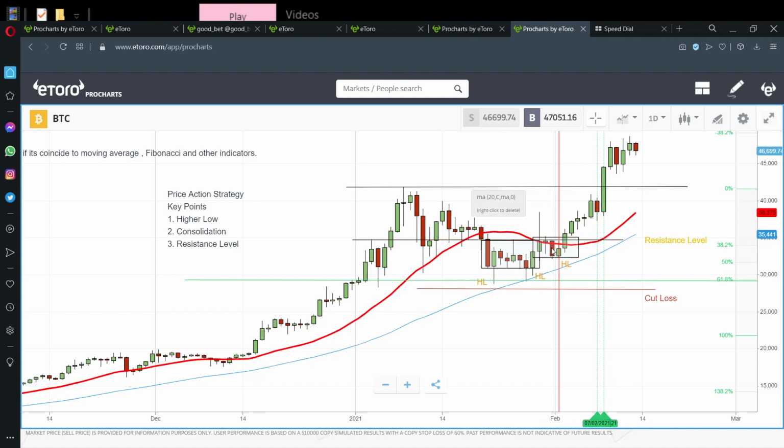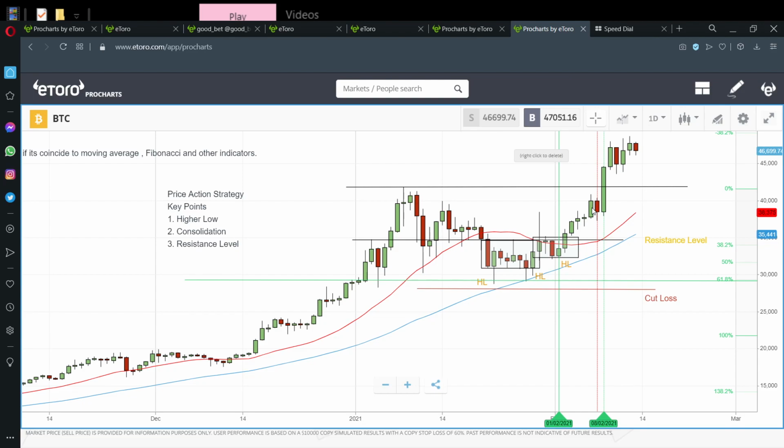and I let it run until it reached this high level. This is a very strong bullish candle for me.